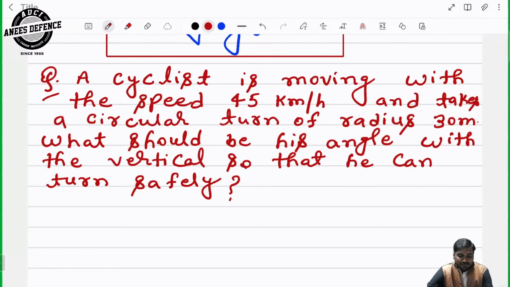A cyclist is moving with the speed 45 km per hour and takes a circular turn of radius 30 meter.